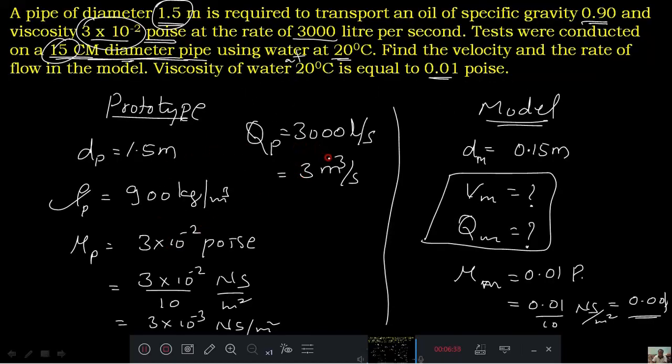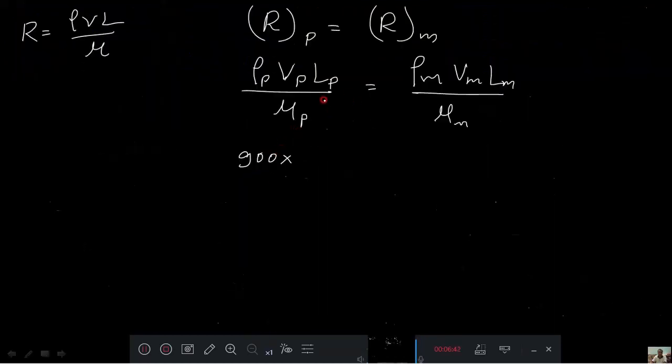V of the prototype is not given, but I can make it. Q is equal to A into V, and Q is 3 meter cube per second. Area is pi by 4 into 1.5 square, into V. Therefore V of the prototype will be equal to how much?